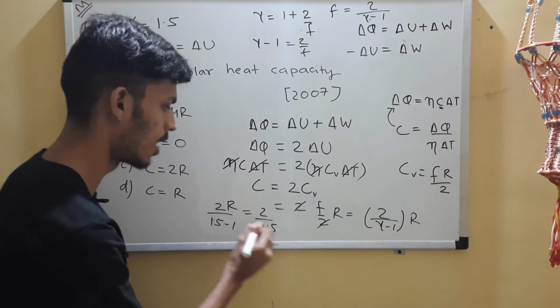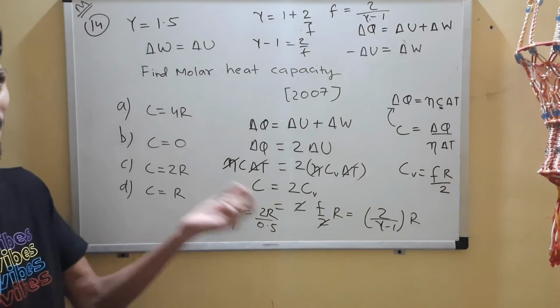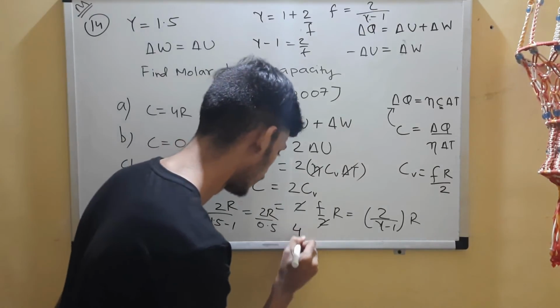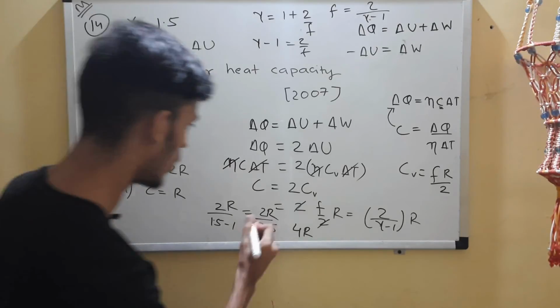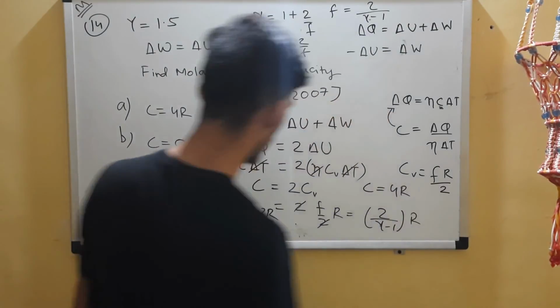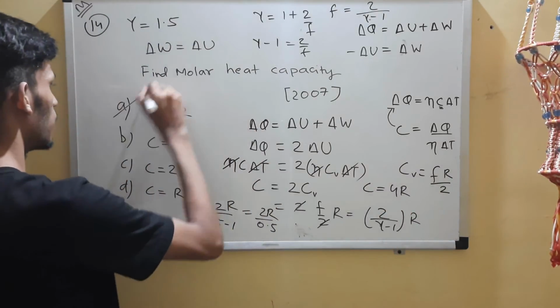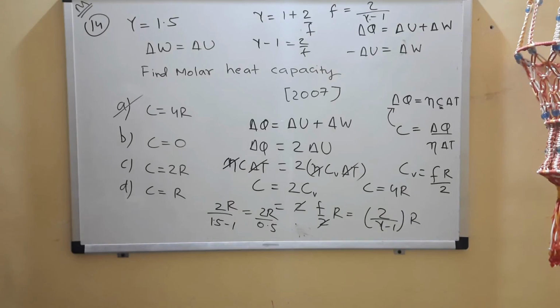Of course, there is R over here, so 4R. On this side we had C equals 4R, so option A is the correct choice.